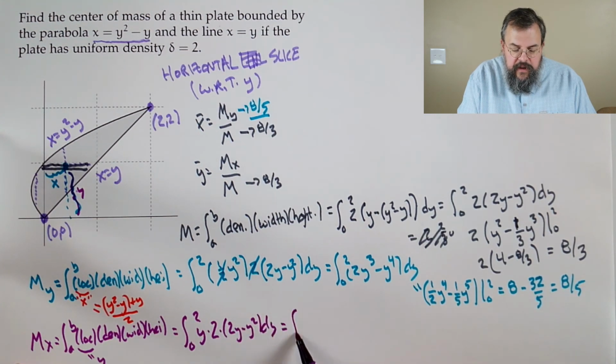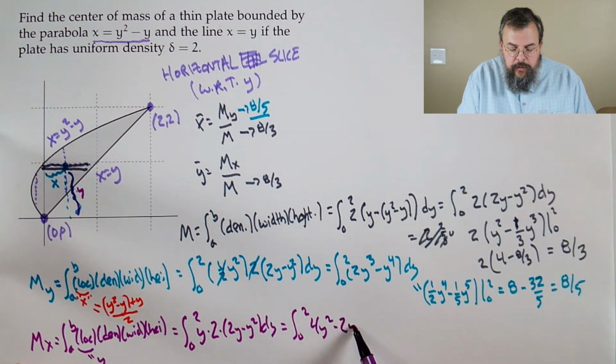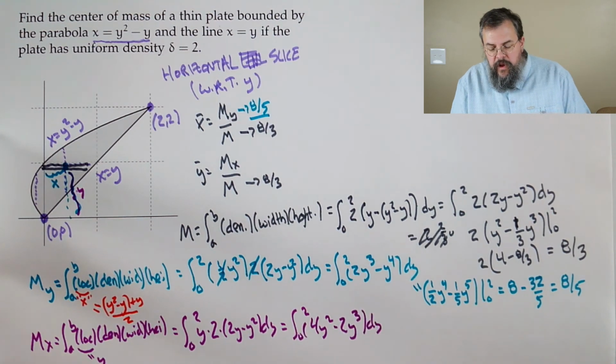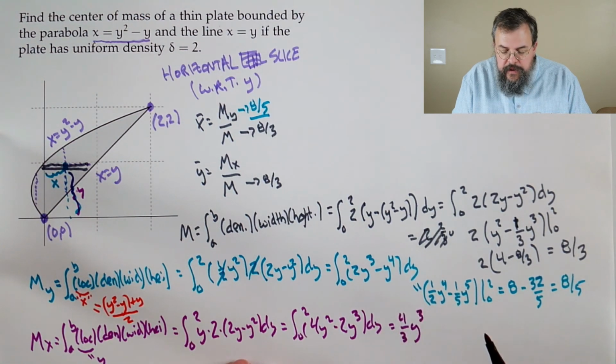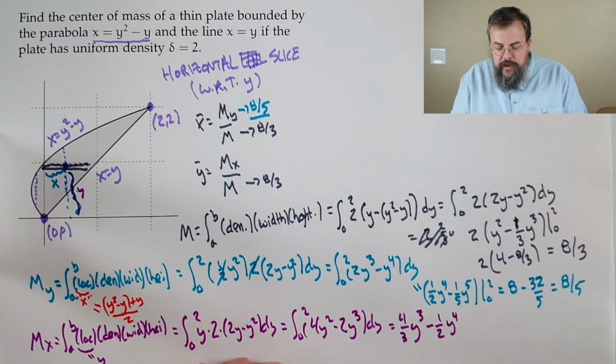If you multiply this out, that's 0 to 2, and 2y times 2y is 4y squared. 2y times y squared is going to give us 2y cubed. Well, that would be 4/3 y cubed minus 1/2 y to the 4th.